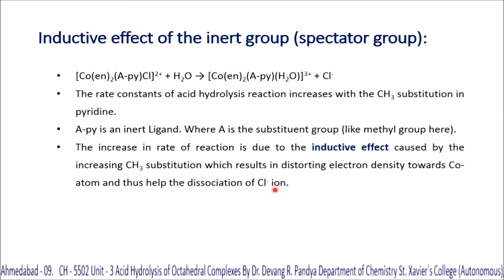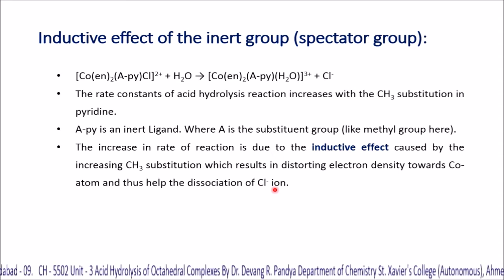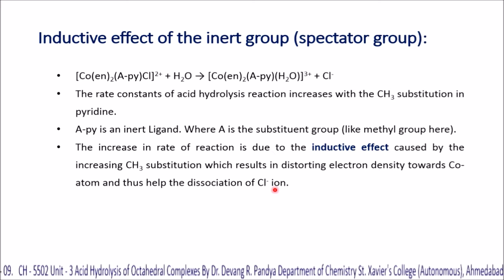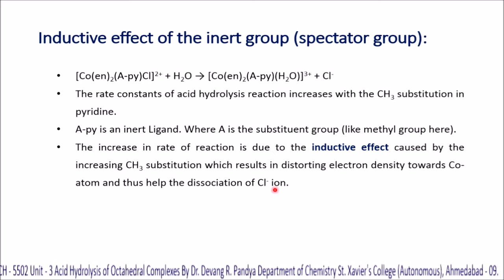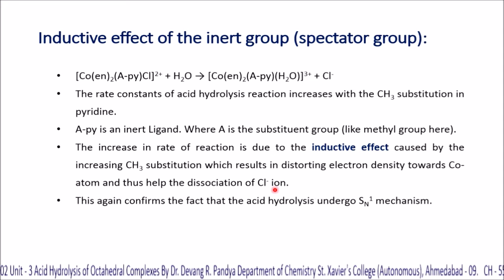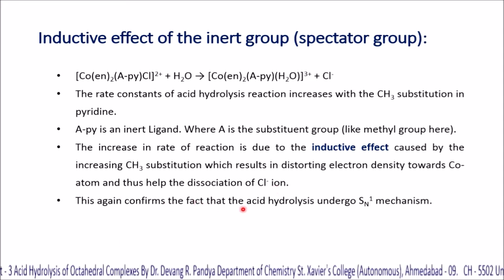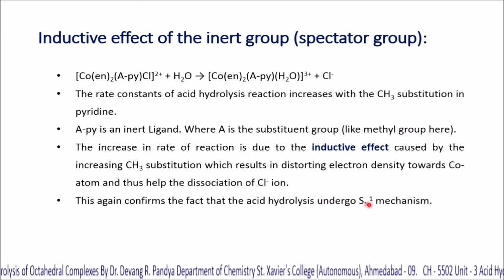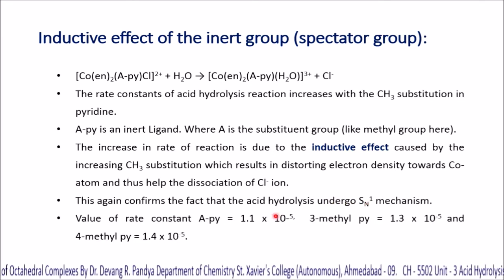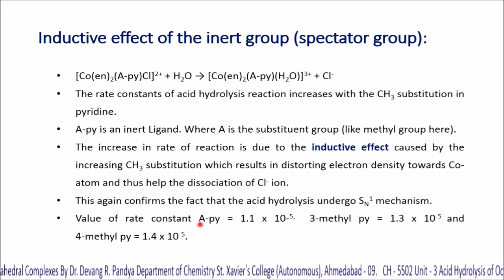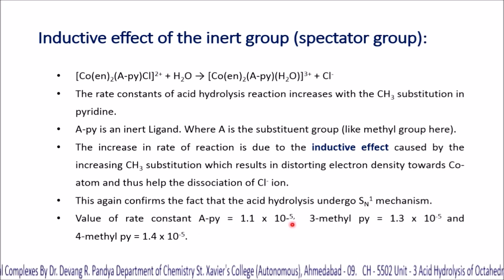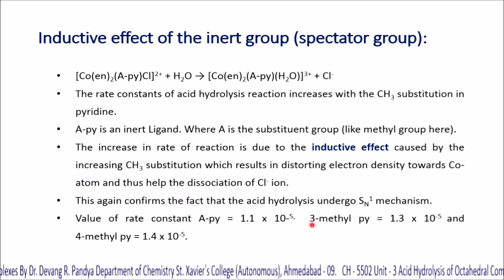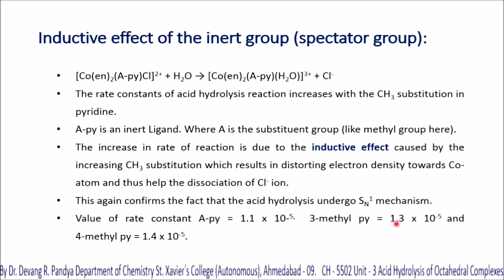As a result, the rate of acid hydrolysis increases if we have more substituent groups on pyridine. This again confirms the fact that acid hydrolysis undergoes the SN1 mechanism, not SN2. The value of the rate constant we can see here: 1 methyl group 1.1 into 10 raised to -5, 3 methyl groups in the pyridine, then 1.3.